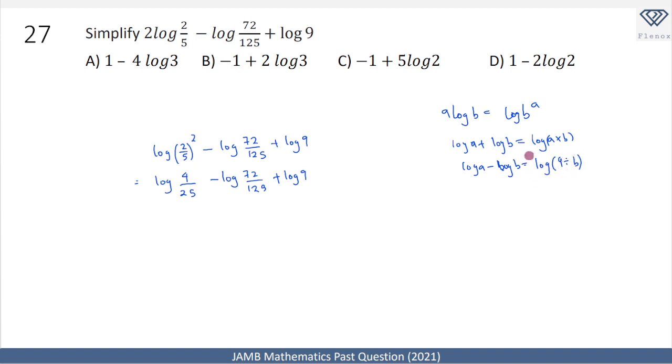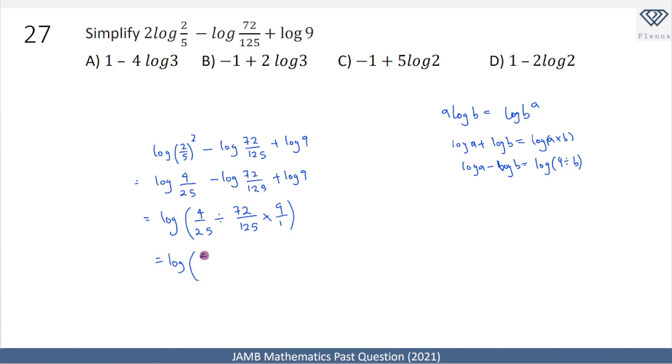So I'm going to apply these 2 laws over here. If I want to collect all of them in one log, that would be log 4 over 25. The minus changes to divided by 72 over 125, and the plus changes to times 9 over 1. Now to remove this divide sign or to change it to times, I just flip over the number next to it.